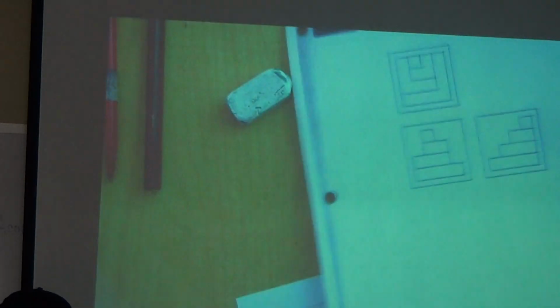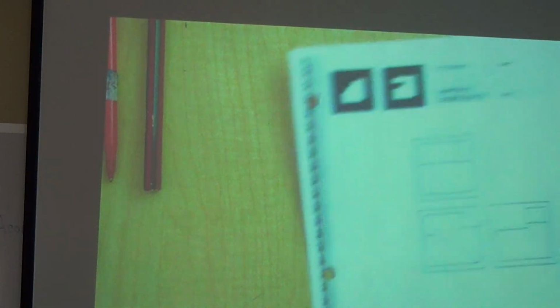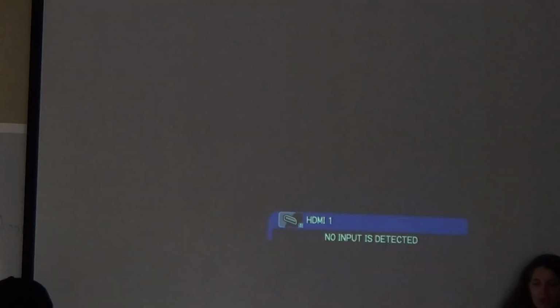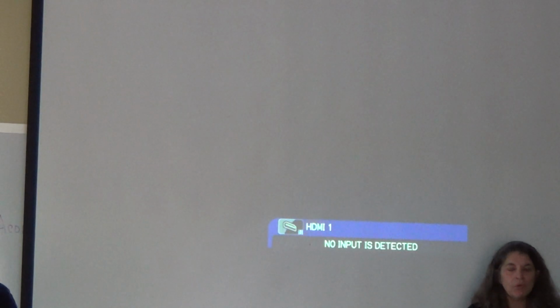Starts with this. That's number 1. This is sheet number 2. Sheet number 3. And sheet number 4. So these are the sheets that you're going to be drawing on. And the grid lines are there for an isometric. So what I'd like to do is just show you a couple of different ways to approach drawing the isometrics.